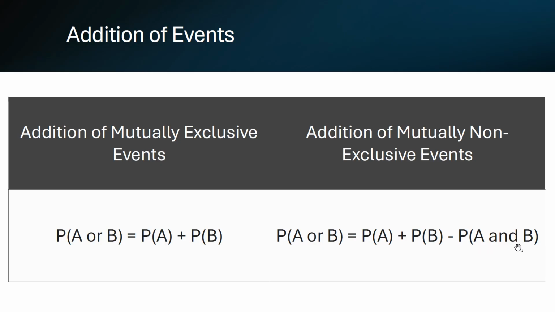In the case of dependent events, wherein B depends on A, without losing generality, the probability of A and B is equal to the probability of A times the probability of B given A has already occurred. So this helps us combine events and arrive at the combined probability of multiple events together.